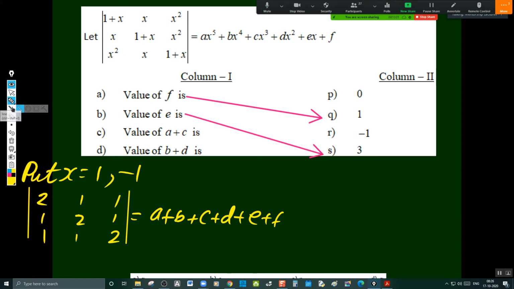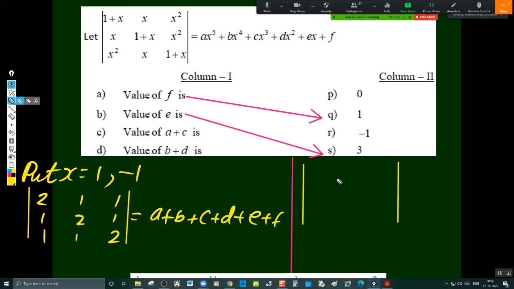It's not lengthy, what I'm saying. Similarly, if you put x equal to minus 1, this will still be easy. What happens?